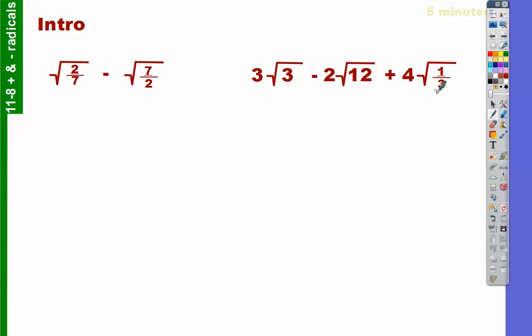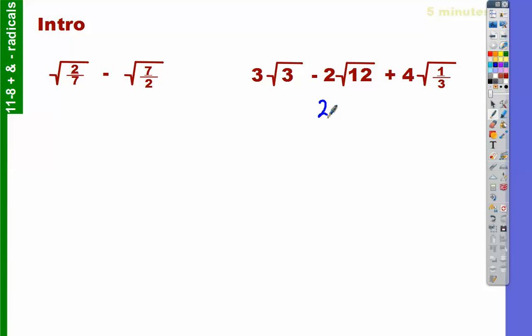So 3 is a prime number. What about 12? Can I reduce 12? 6 and 2 go into 12, but neither 6 or 2 are perfect squares. What else goes into 12? 4. So the square root of 12 is just equal to 2 root 3.